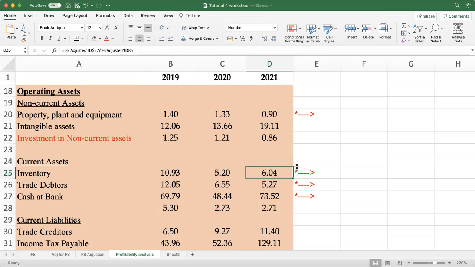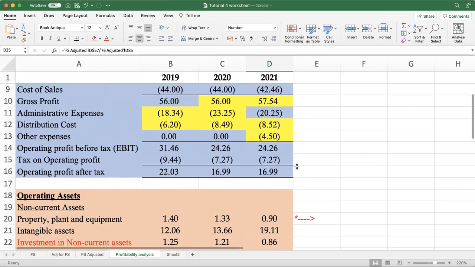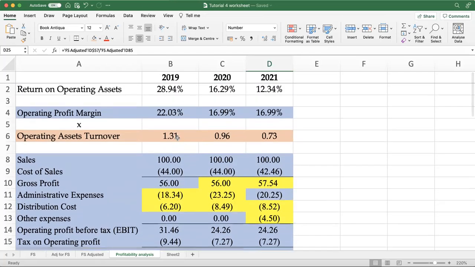As a result, the company experiences a declining trend in operating assets turnover.